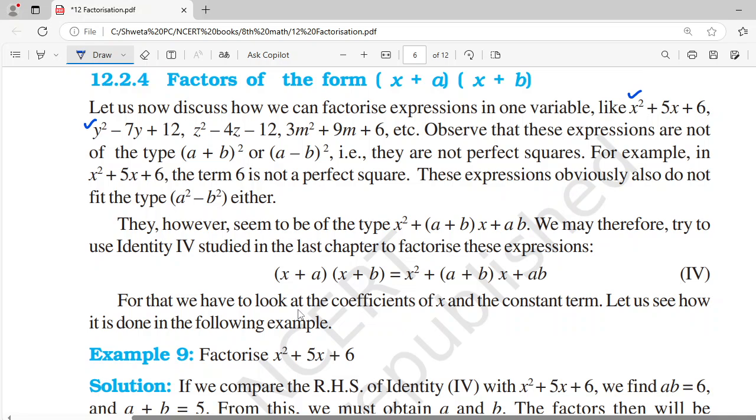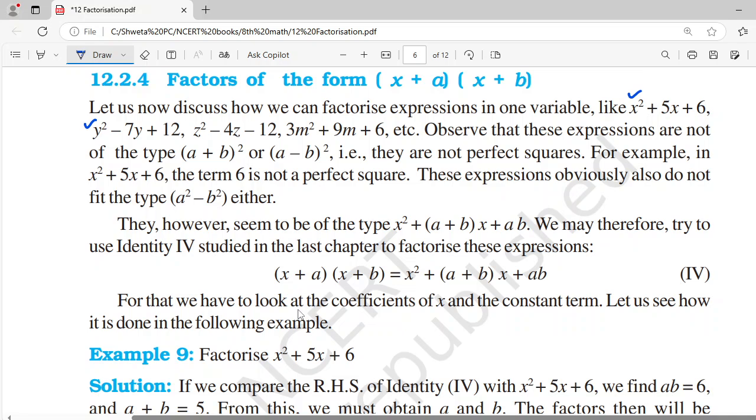Now such expressions are expansions of (x + a)(x + b). They are not perfect squares. For example, in x² + 5x + 6, the term 6 is not a perfect square.